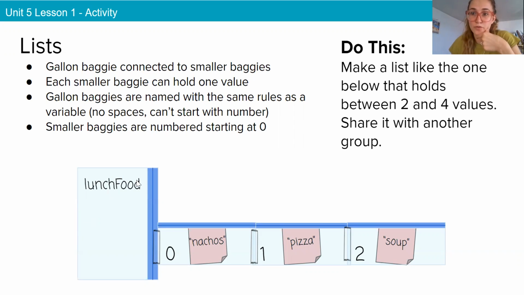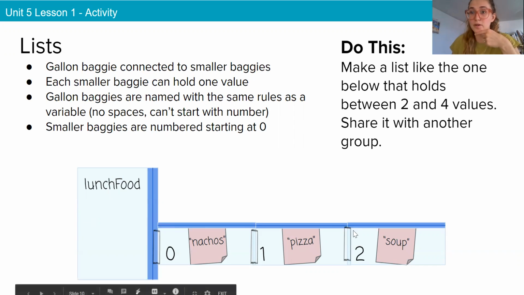So they have lunch food, and then there are 3 different values that go into lunch food. They are numbered starting at 0. So there are 3 elements, but the indexes go from 0 to 2. The different elements are nachos, pizza, and soup.